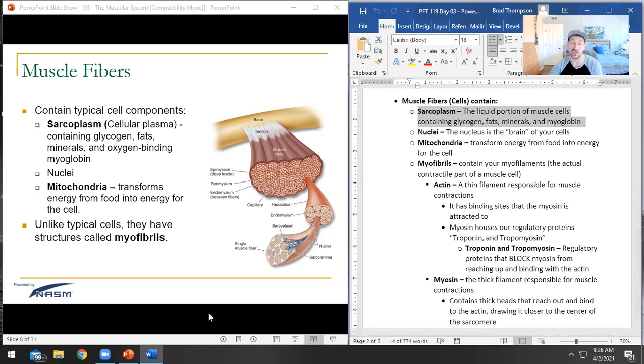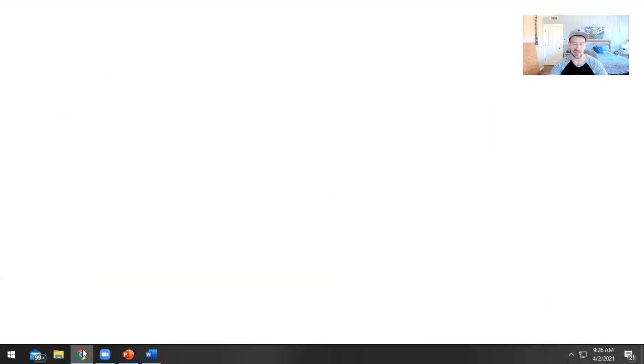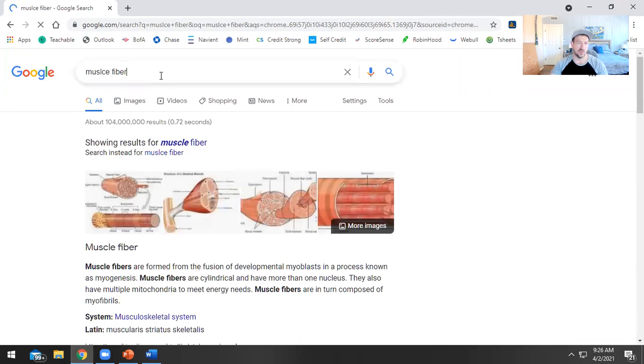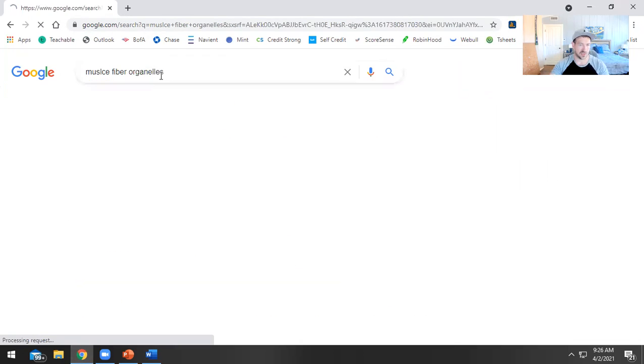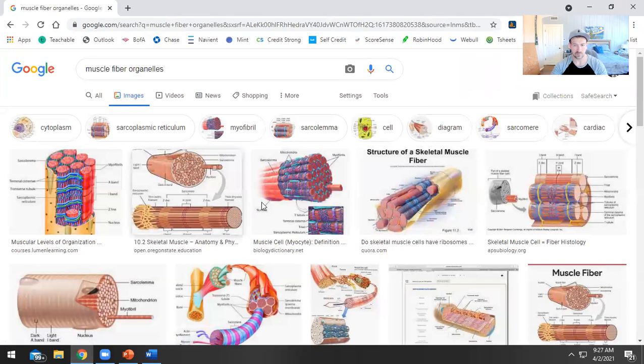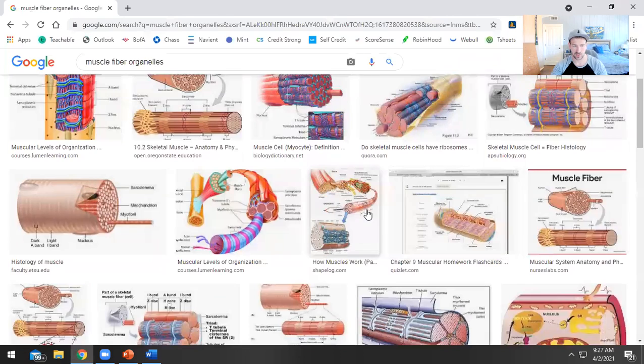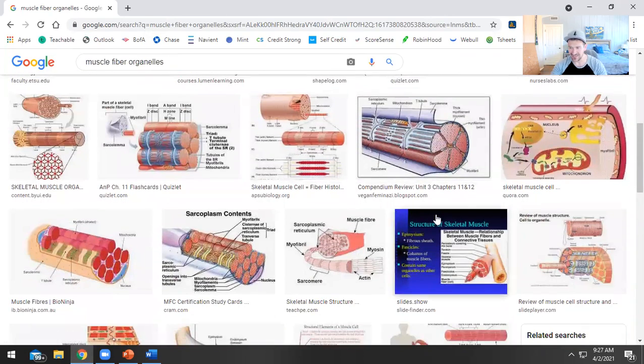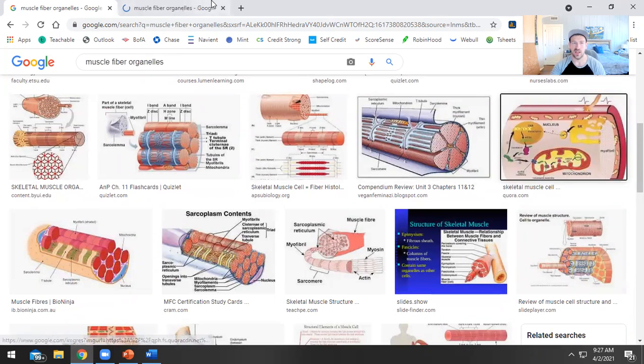Now, we're also going to see that your cells have nuclei, which is sort of like the brain of your cell, right? So if we look at a basic muscle fiber's organelles, there we go.